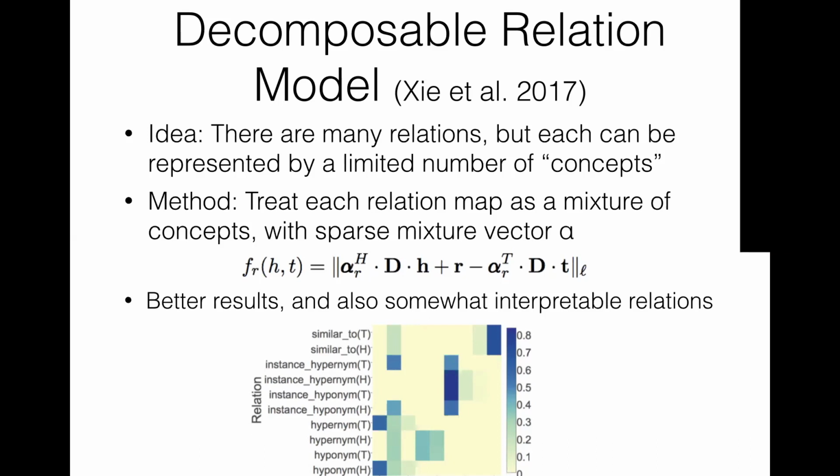And the second and third last one, hypernym of head and hyponym of tail, correspond to the same thing, but expressed in a different relation. They're basically sharing the same concepts, some concept mixtures. So the main claim of this paper is to be able to reuse and share knowledge instead of modeling relations. Oops, maybe there's a question.